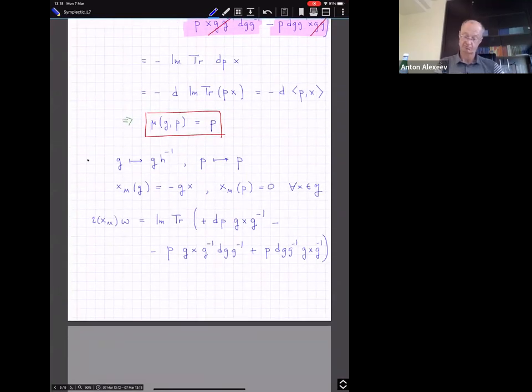All right, hopefully that's correct. And I claim that this is hopefully d of the imaginary part of the trace of g minus 1 p g times x.